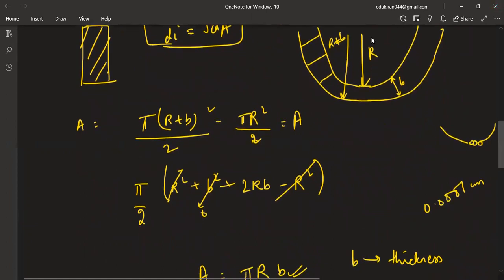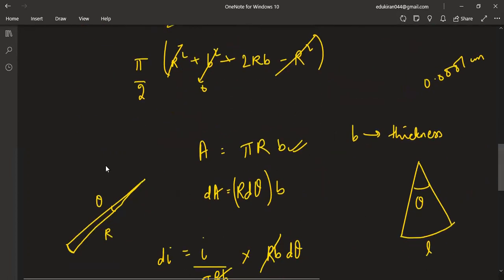So once you take their difference, this part minus this part will give you the area for this part, right? This entire part. So from there you have the area as pi r b. Apart from it, use thickness multiplied by length: thickness is r d theta for any length of r, and length is b.